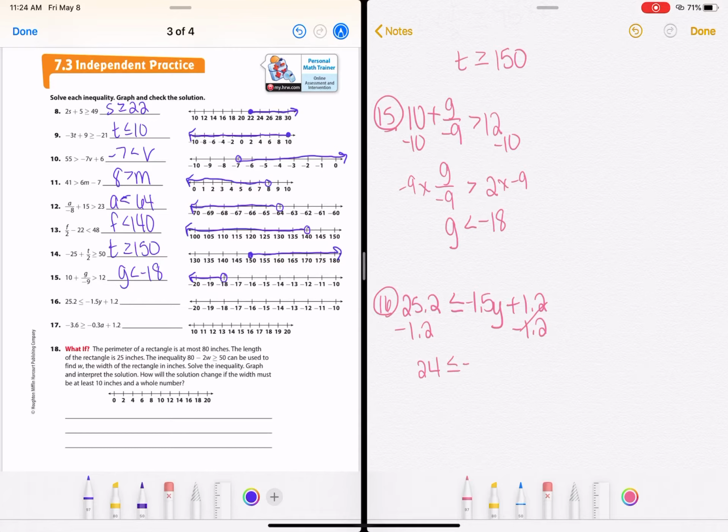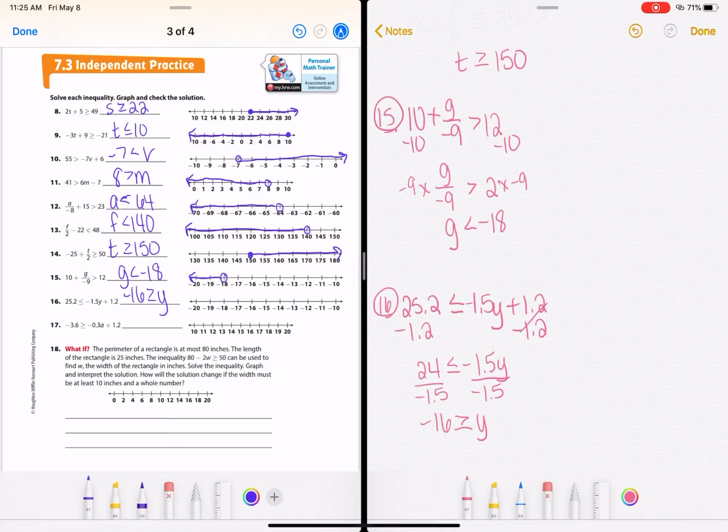Is less than or equal to negative 1.5y. Divide both sides by negative 1.5. We are going to reverse the inequality symbol. 24 divided by negative 1.5 is negative 16. Is greater than or equal to y. Closed circle at negative 16. And then our arrow is going to the left.